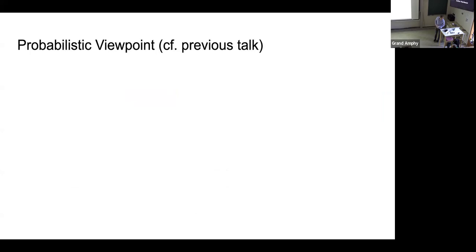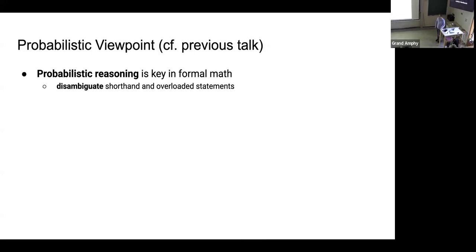All right. So, as in the previous talk, I would like to advocate a probabilistic viewpoint for auto-formalization. I think probabilistic reasoning is key for disambiguation, as we saw in the previous talk.